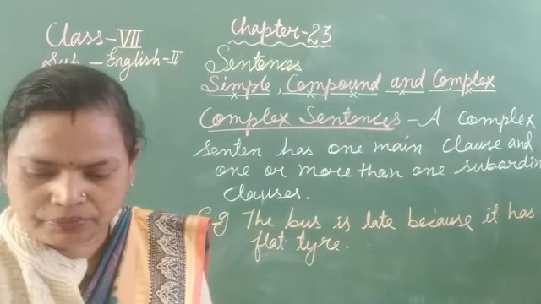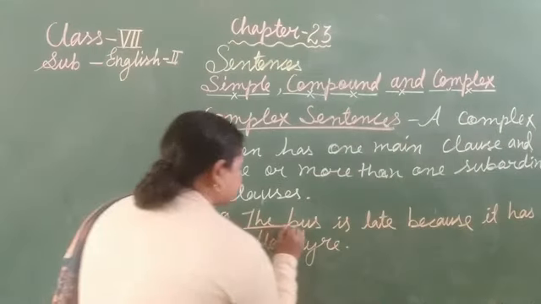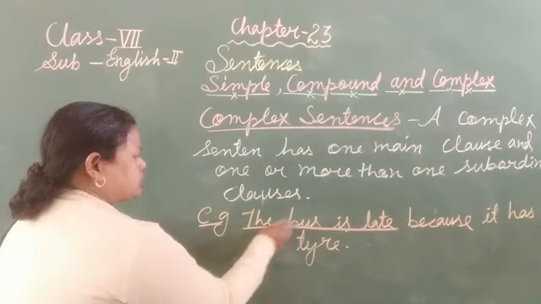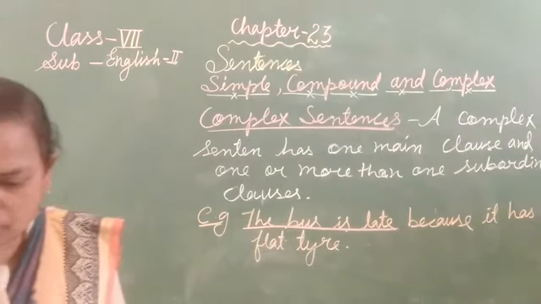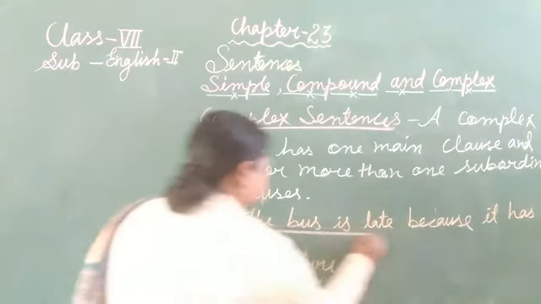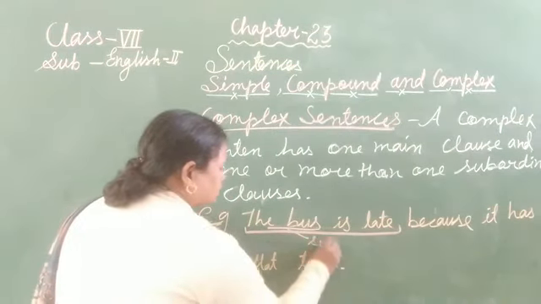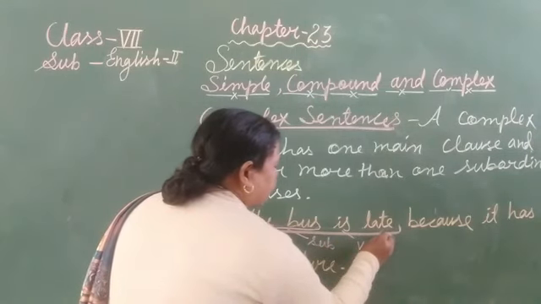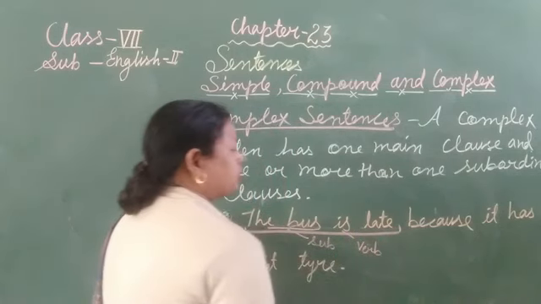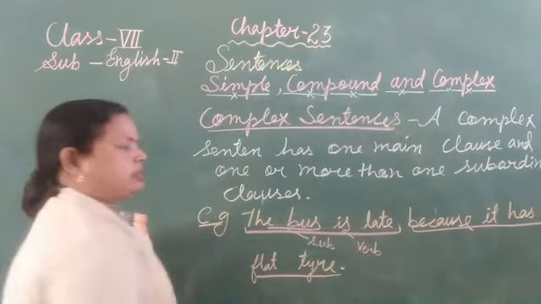Let me see. First thing, in this sentence, the first part is: the bus is late. Let me write below. See here, the bus is late. In this way, the bus is the subject, is is the verb, late is the complement.